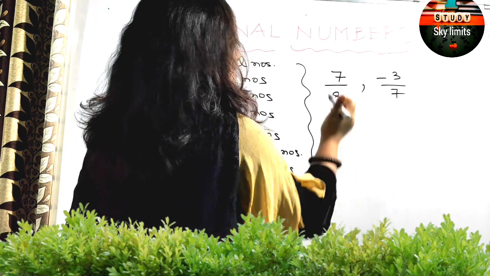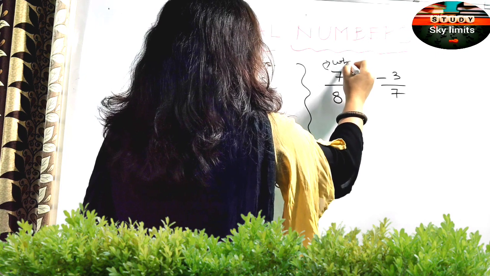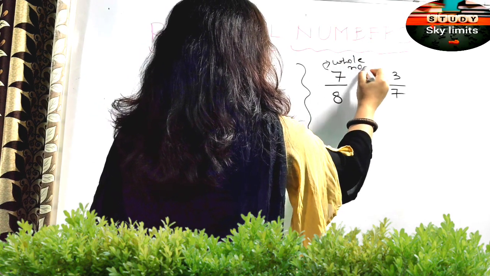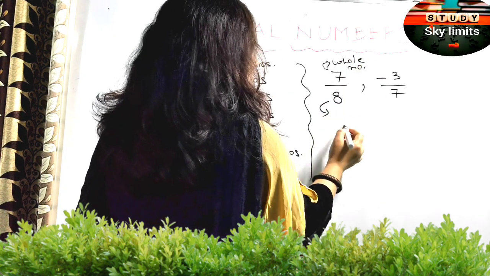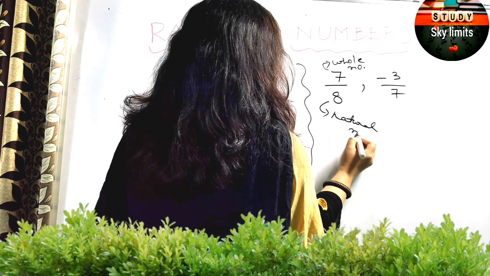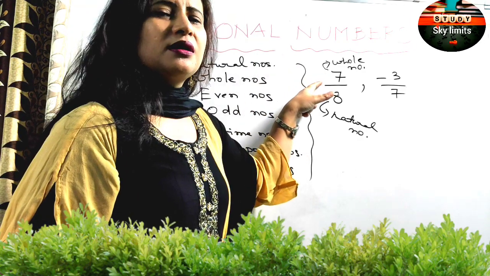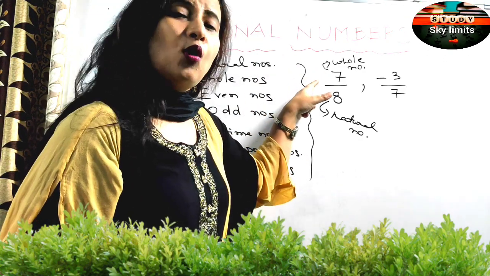In a fraction, the numerator is always a whole number and the denominator is always a natural number. Remember it always, okay? Sorry, the numerator should always be a whole number.